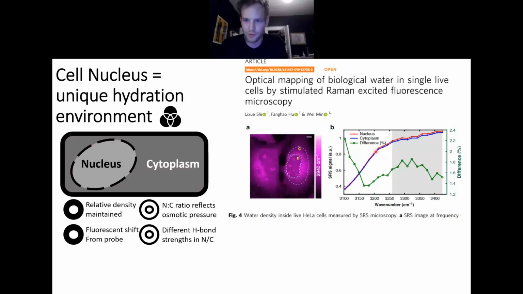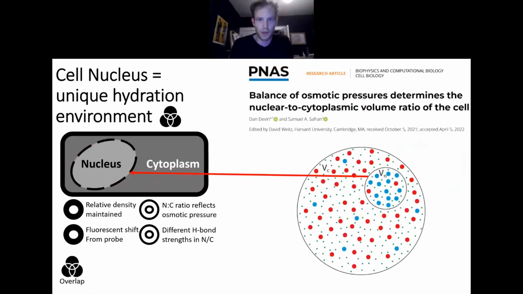The results show that the nucleus is the red line, the cytoplasm is the blue line, and the nucleus is more dense with water and the cytoplasm has less. So again, supporting that from the fluorescent shift of a probe, they find different hydrogen bond strengths and densities in the nucleus versus the cytoplasm, which I argue supports this theory that the nucleus is its own unique hydration environment in the cell.